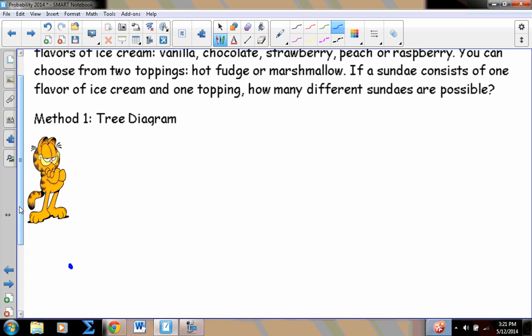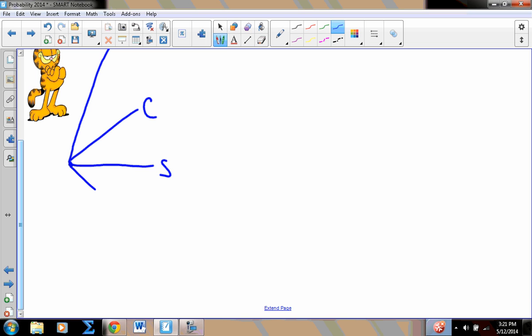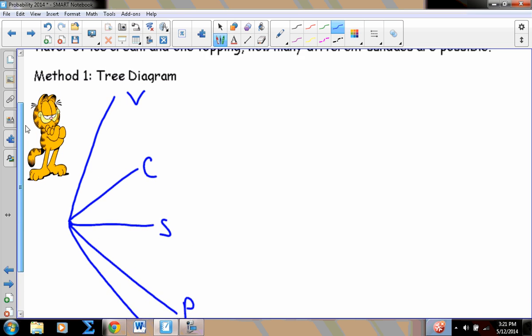And for my first choice, we have 5 different options. We can get vanilla, chocolate, strawberry. Notice I'm spreading these out a lot. Peach, and black raspberry, or I'm sorry, just raspberry. I like black raspberry, but raspberry, okay?